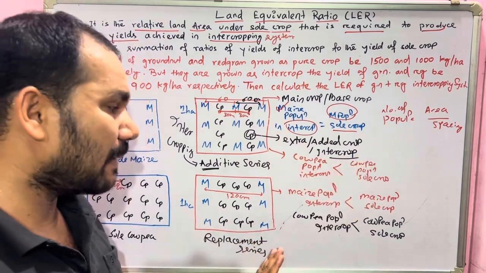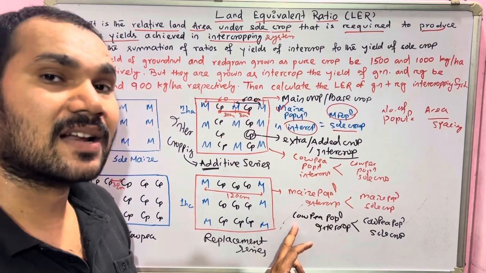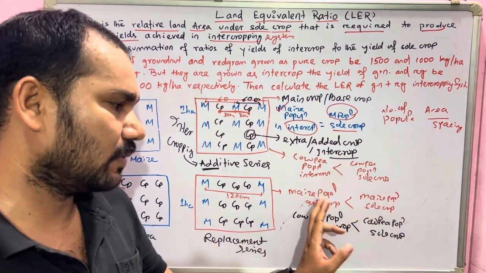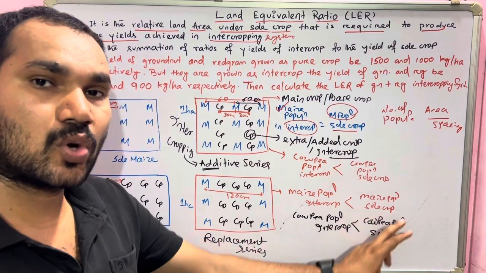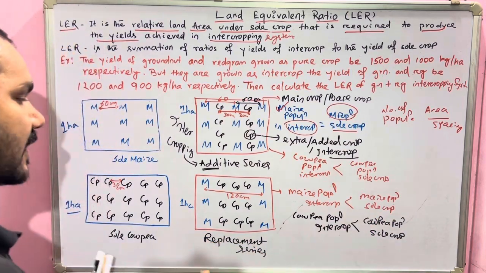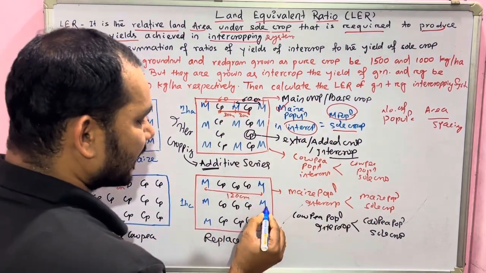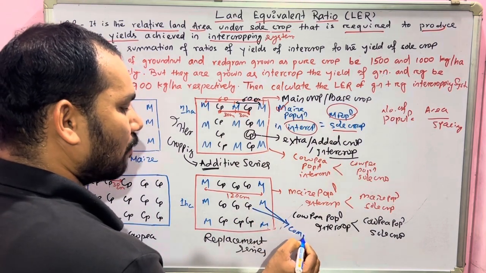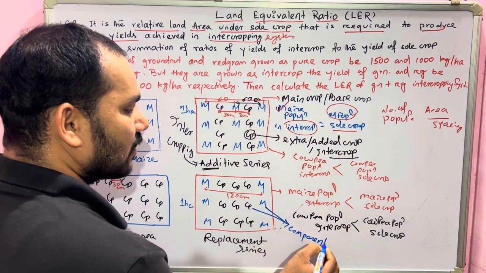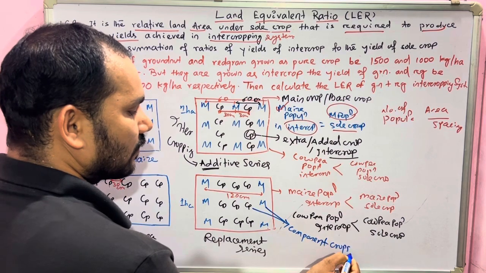But in replacement series, the populations of both crops are less than their sole crop populations. Hence, in this case, whether maize or cowpea, both are known as component crops.